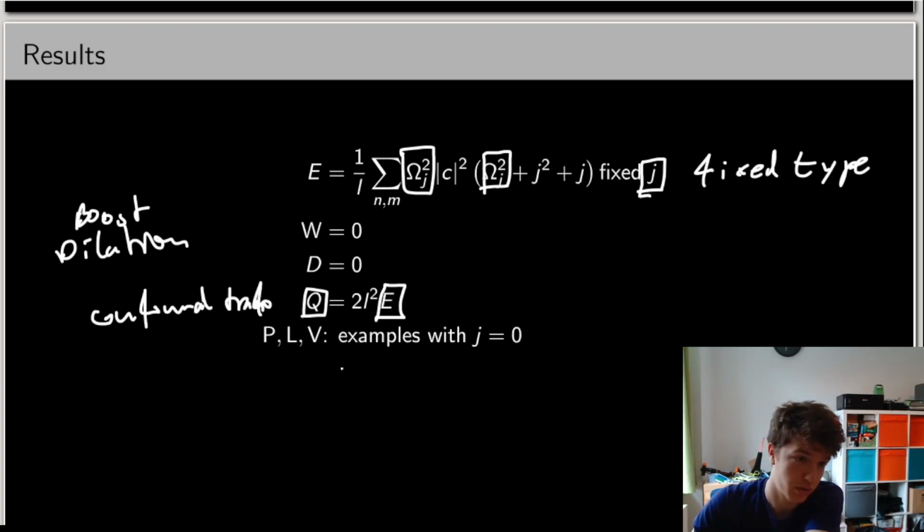And we could calculate the Poynting vector and the angular momentum for examples with J equal to 0.